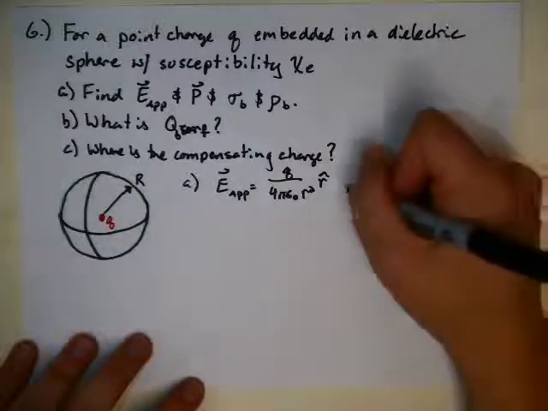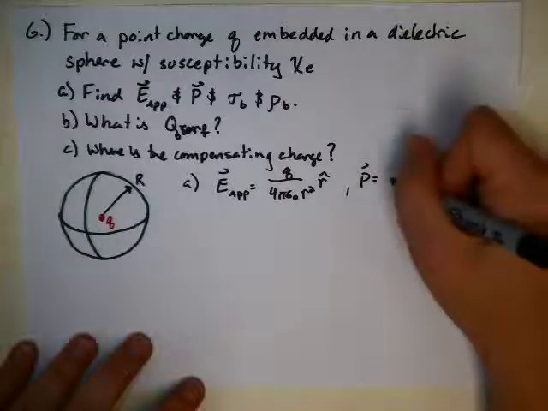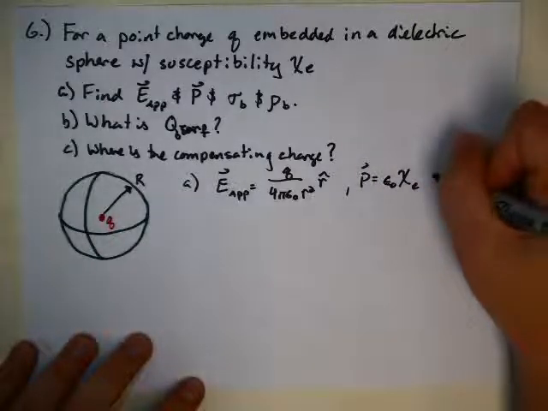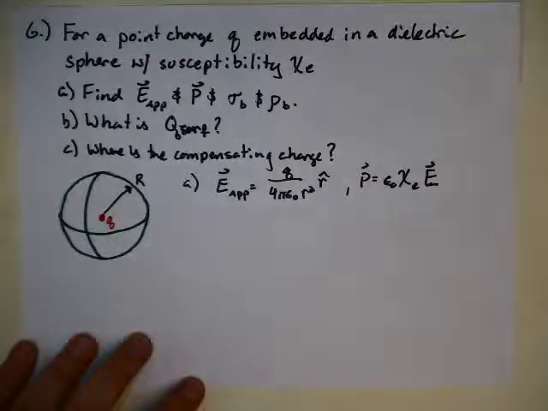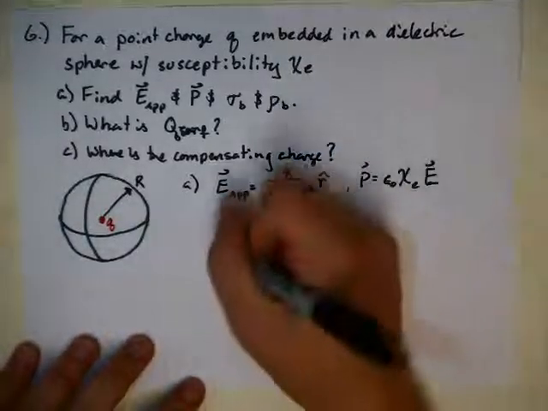The polarization is going to be epsilon naught times chi e times the electric field, where chi e is the electric susceptibility. And so the polarization is going to be two parts here.